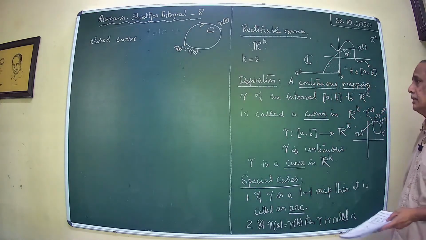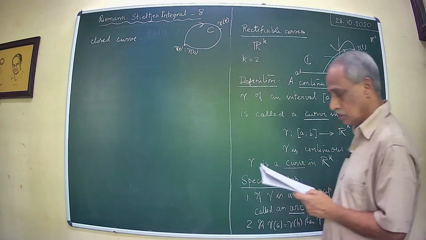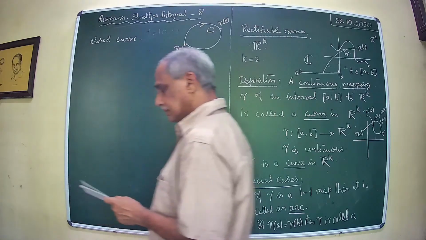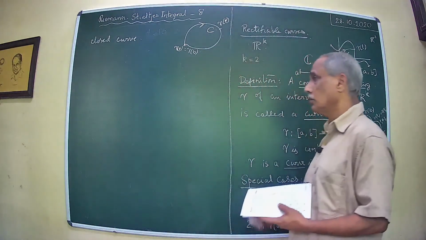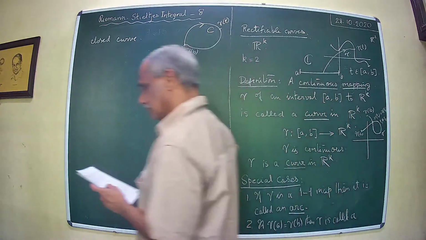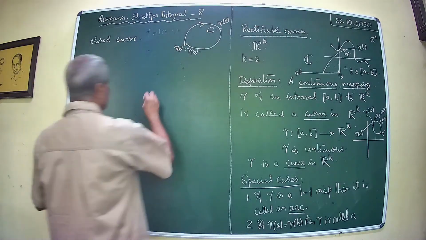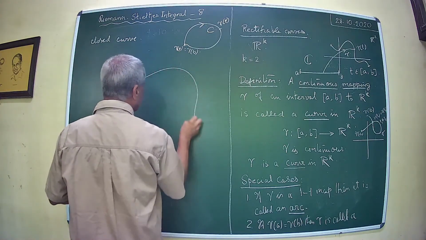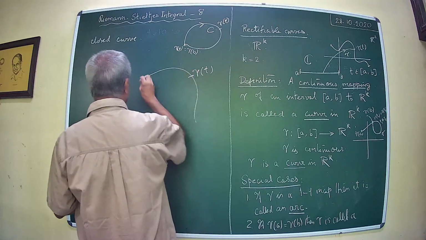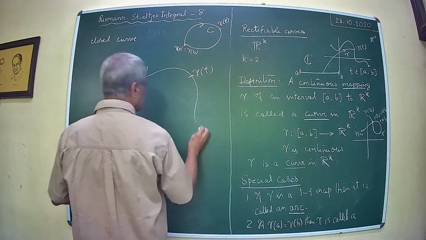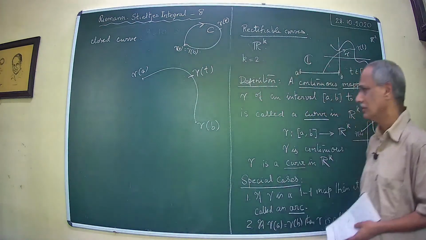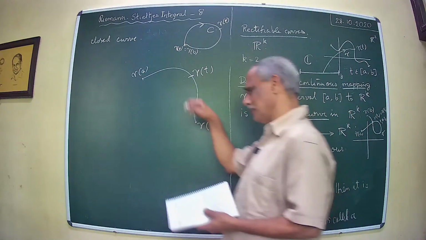Now, what we want is to look at a curve gamma and try to compute the length of that using this integration process. So what we do is we take up the curve gamma in space. This is gamma A, this is gamma B, not necessarily an arc. It could be a closed curve, which could be intersecting.